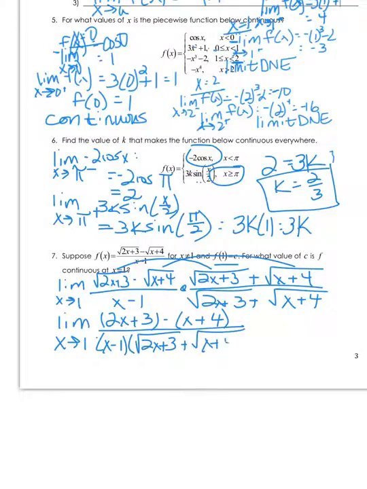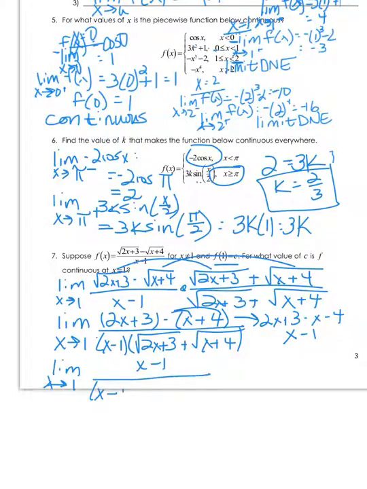And hopefully I'll be able to cancel something. Usually I can. Now in the numerator, I have 2x plus 3 minus x plus 4. I need to distribute this negative. I'm just going to write my numerator out here: 2x plus 3 minus x minus 4. Simplify that, combine like terms, you get x minus 1. So in the numerator, I now have x minus 1. I also, notice, have x minus 1 in the denominator.